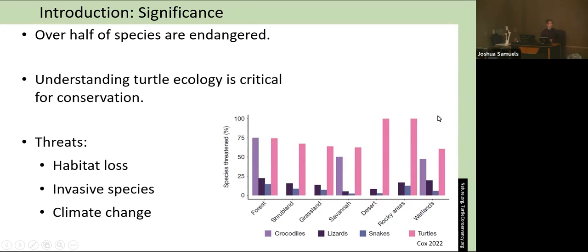Now, some of the major threats for turtles are habitat loss, of course, humans coming in and doing whatever we do. Things like invasive species, so Trachemys scripta, the red-eared slider, constantly getting introduced into all these different environments, pushing out native turtles. And then, of course, the big one is climate change. So, turtles like warm weather.